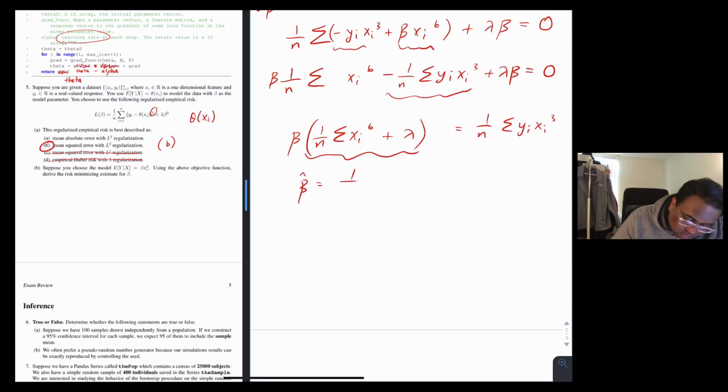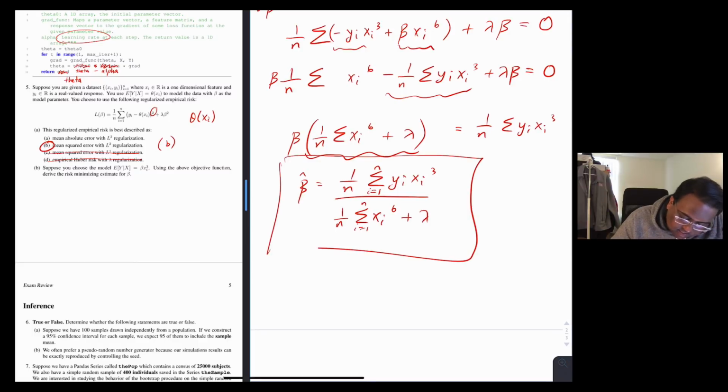So I'm left with 1 over n times the sum of yi xi cubed, divided by 1 over n times the sum of xi to the 6 plus lambda. And just to be complete, I can add the indexes in here. And now this is the value for beta hat.